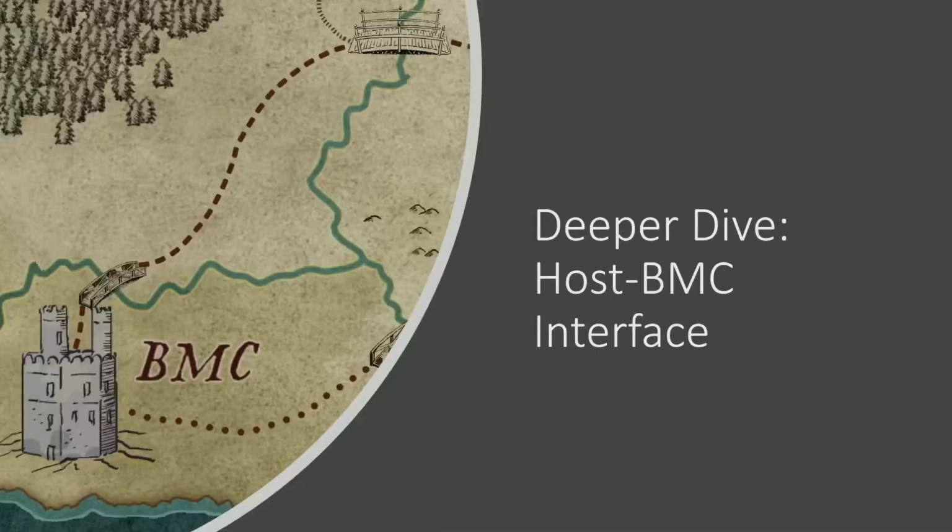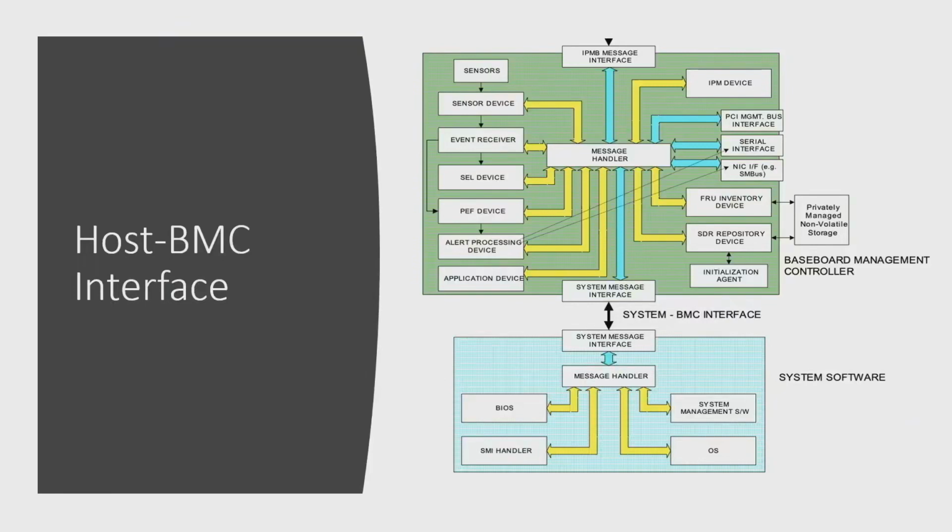Okay, let's get into a deep dive. We talked a little bit about the components. We talked about why we think they're important. Gave you a 100-mile-an-hour overview of all the tools that we use. So let's look at one specific interface, the interface between the host and the BMC. For the host and the BMC interface, there's this IPMI document, a specification that describes these interfaces.